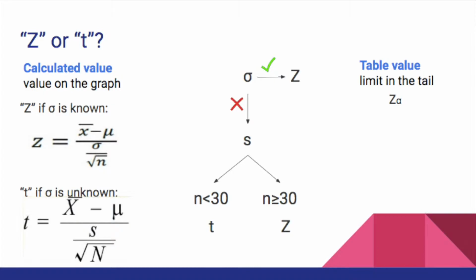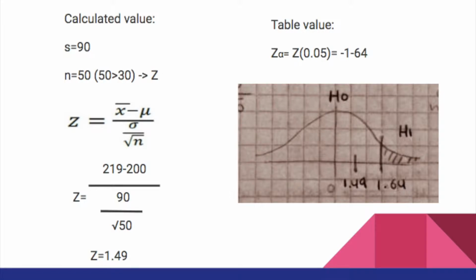Then we have to analyze the value of N. If it is smaller than 30, we have to use T. But if it's greater or equal to 30, we use Z. In this problem, we don't have sigma, but we do have the standard deviation of the sample, which is 90. Now we analyze our n. As it is 50, that means we need to use Z.